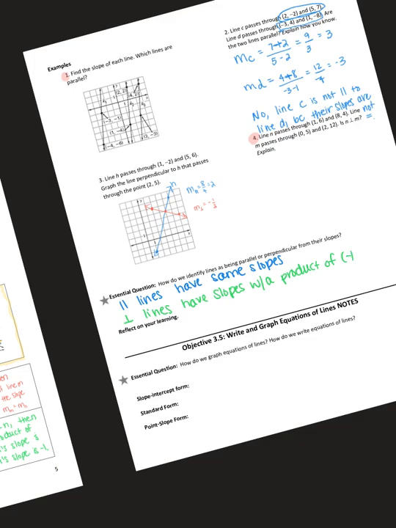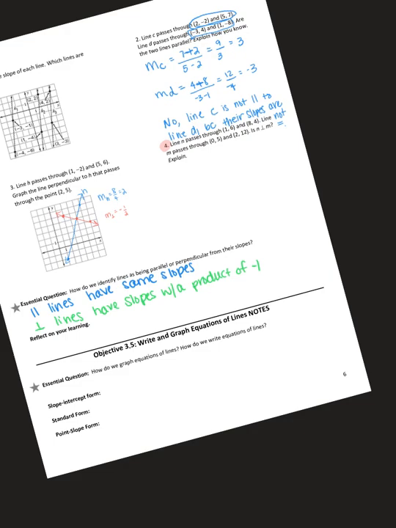Oops, I didn't mean to put that in parentheses. So a product of -1, and if you want to say in parentheses that they are opposite reciprocals, that is probably a helpful piece of information to have.